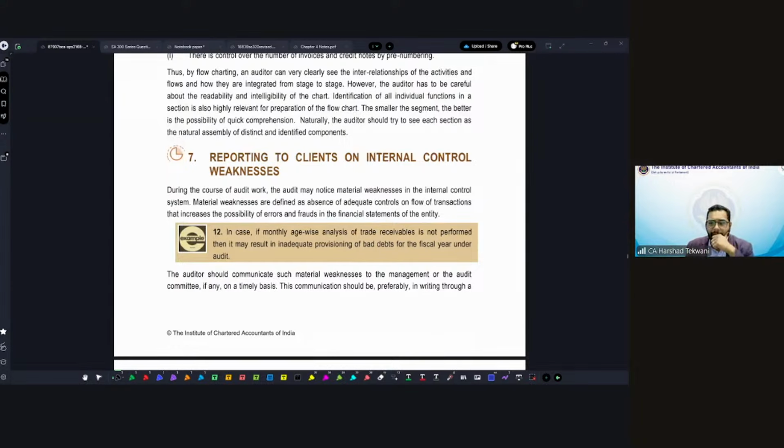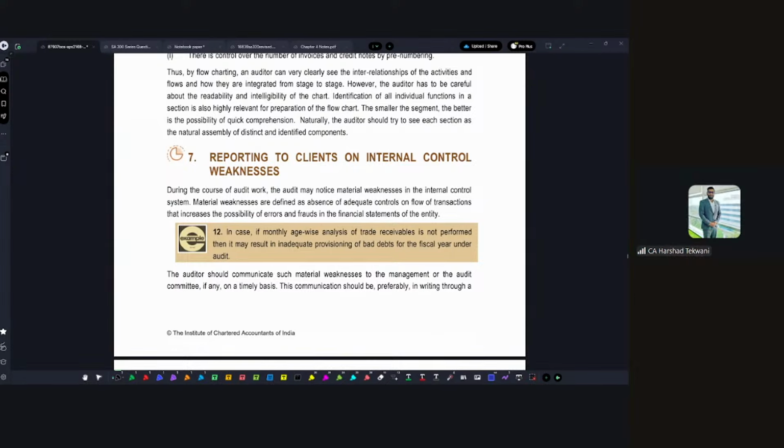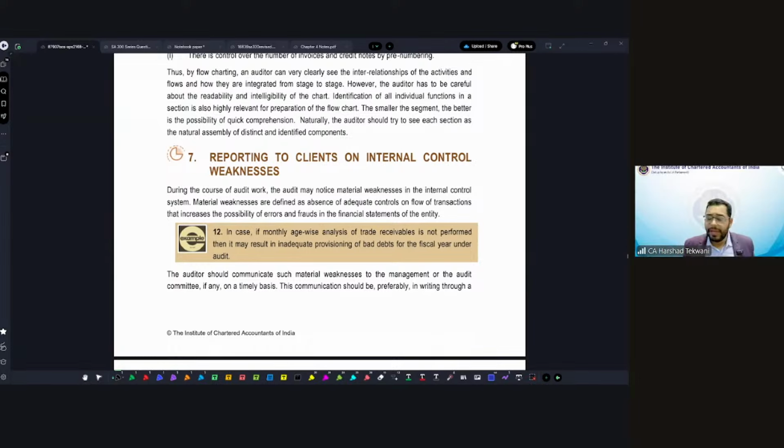Why do we need a framework? Like, what is the need of a framework for the internal control? What is the framework? Anyone know?